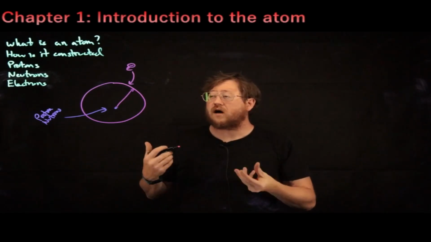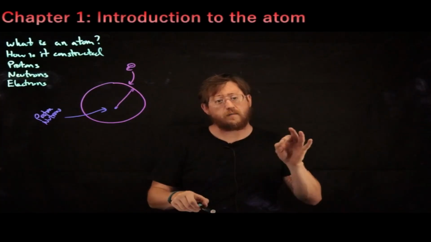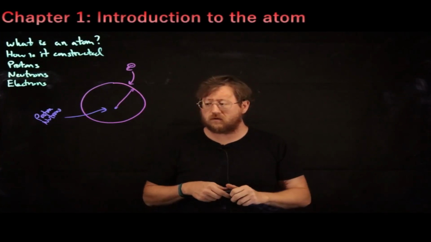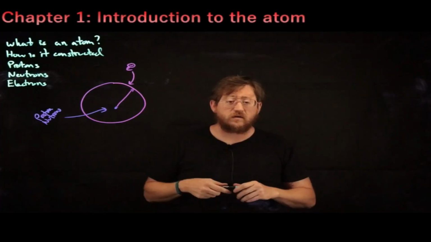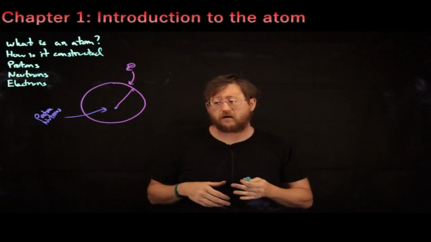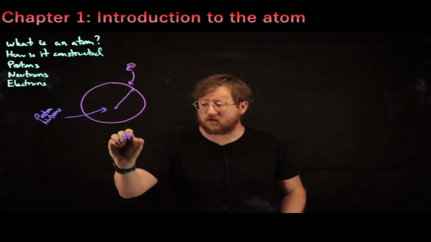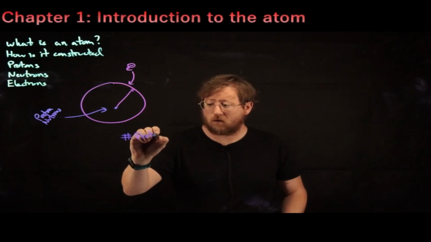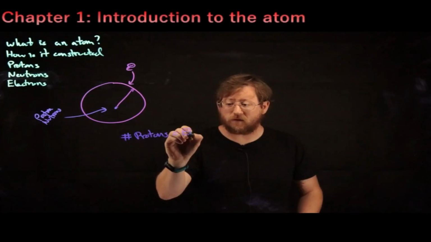So when we talk about an individual atom, and we talk about the atomic number of the periodic table, an element such as hydrogen is going to be found as number 1 on the periodic table. That's going to have 1 proton. So the number of protons equals the element.